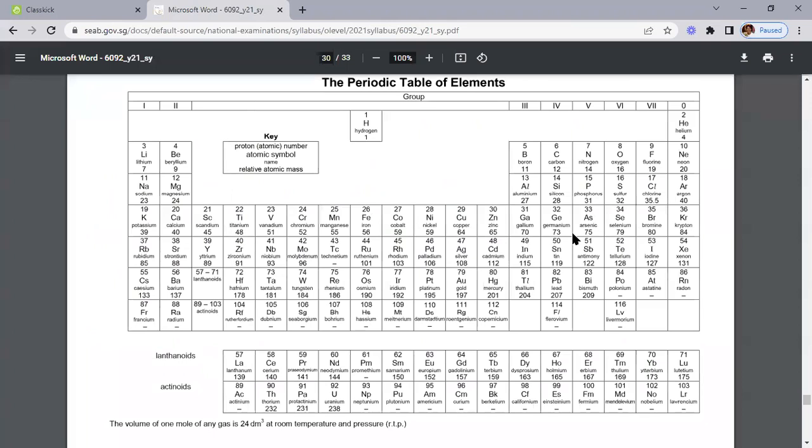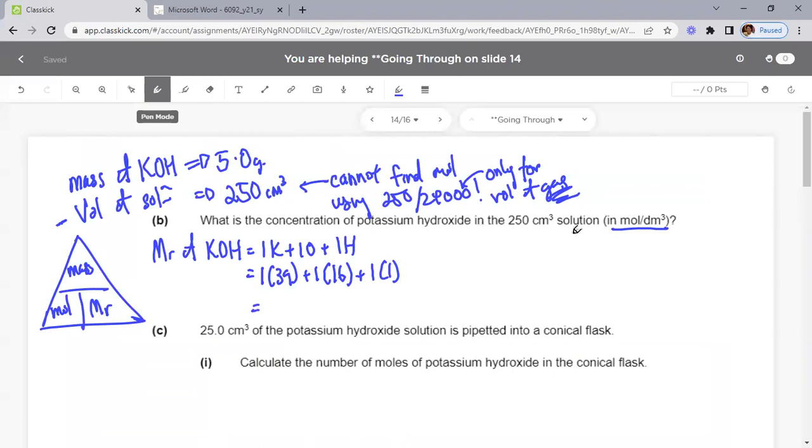Just a quick recap: it is all the bottom number, the bigger number, which is the relative atomic mass. So K is over here 39, O over here 16, H over here 1. So this is going to be 56, if I'm not wrong. That's the MR of KOH. Then now I'm going to find the mole of KOH in 5 grams. So this would be 5 divided by 56.